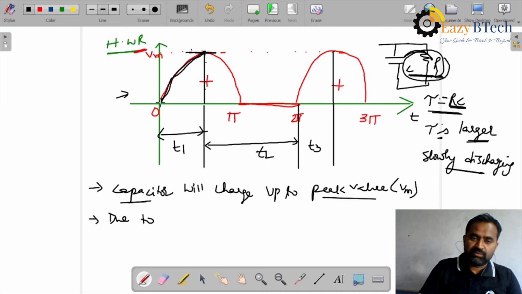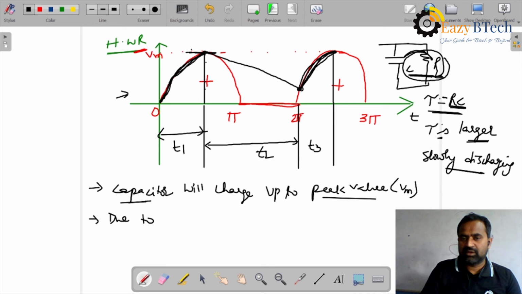From this point to this point the capacitor charges fully. After this the capacitor slowly discharges up to this point. Again when the next input is greater, it starts charging up to its peak.